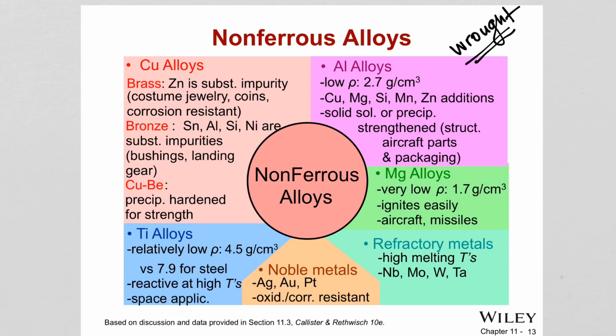So noble metals are expensive but soft, ductile, and oxidation resistant. These are silver and gold, and they can be used in dental applications. They can be used in electrical applications because silver has a very high conductivity.